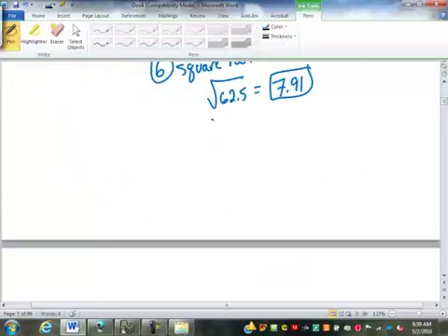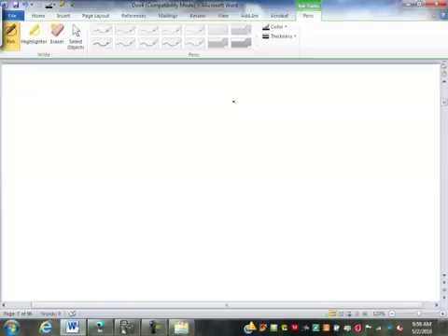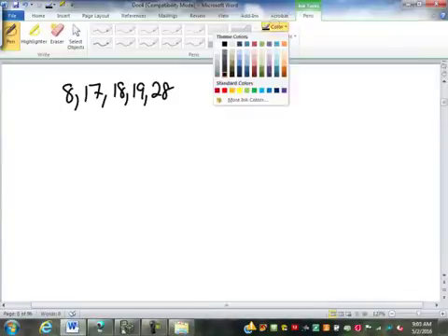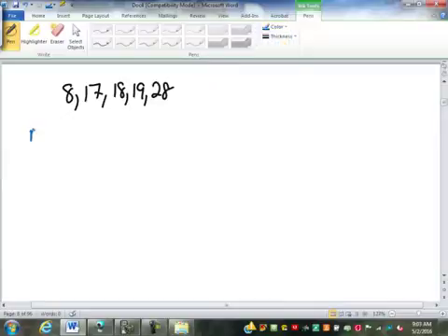Well, let's look at that other data set. We had 8, 17, 18, 19, and 28. In your notes, see if you can find the standard deviation of that quick. Okay, so step 1 is the mean, which is what?